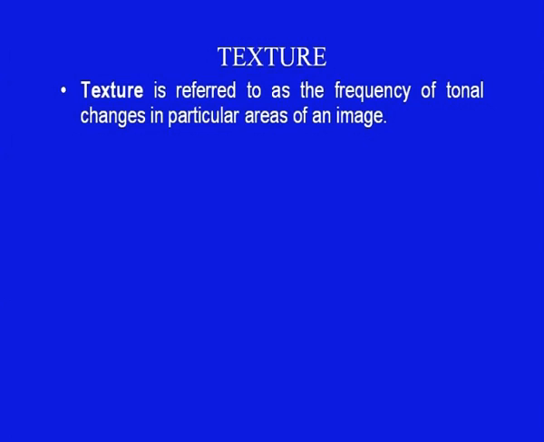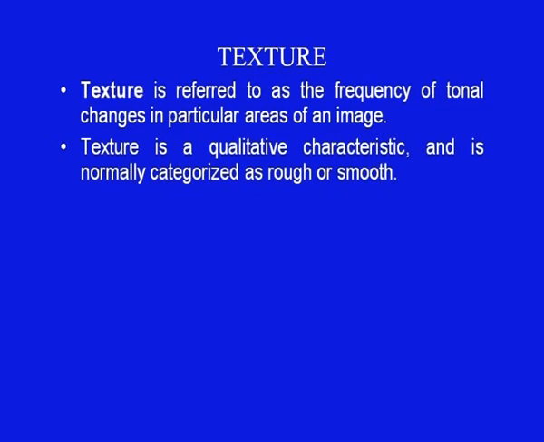Next is texture. Texture is referred to as the frequency of the tonal changes in particular areas of an image. Texture is a qualitative characteristic and is normally categorized as rough or smooth.